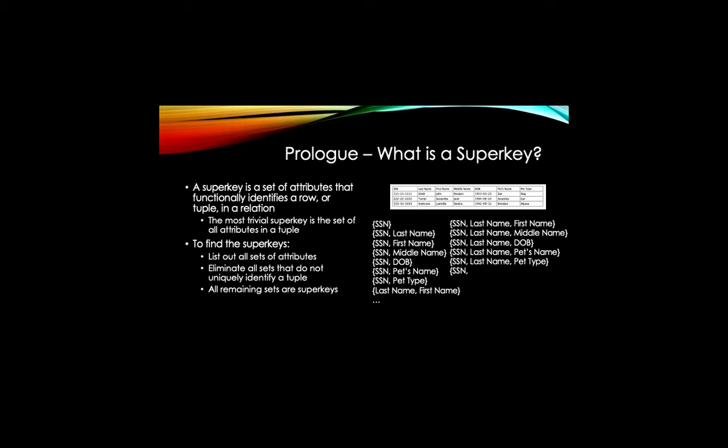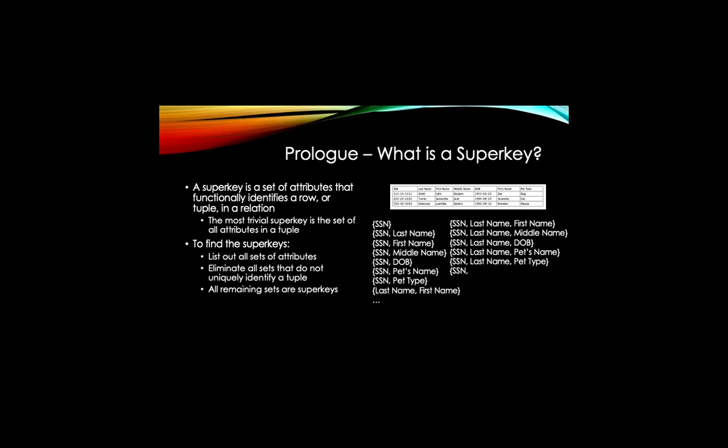We know that last name's not unique by itself. Last name and first name's probably not unique by itself. Last name, first name, and middle name, is that maybe unique in our world that we work in in this classroom? Yes, it's enough to be unique. And that's where we start to typically go off the rails in database design, because we think about the data that we're presented with.